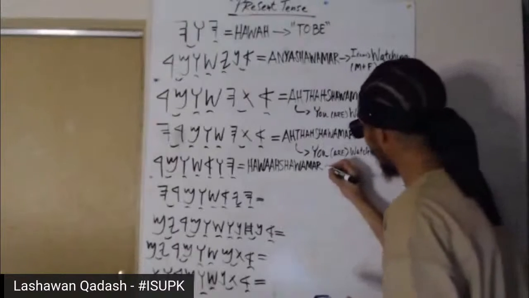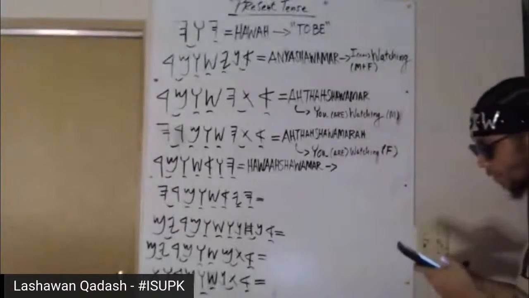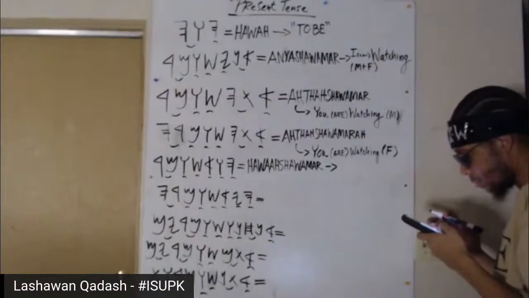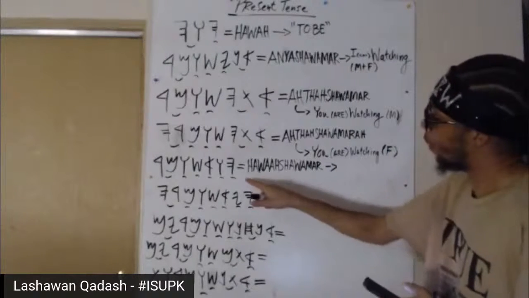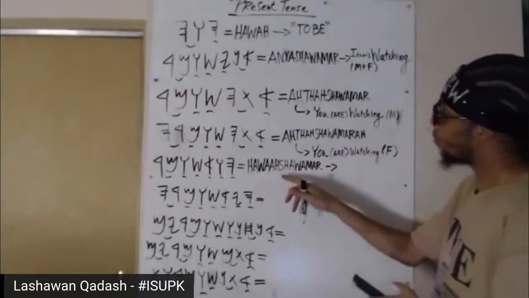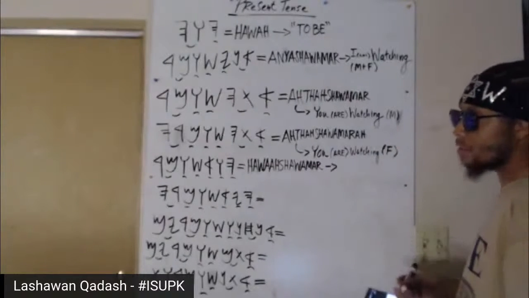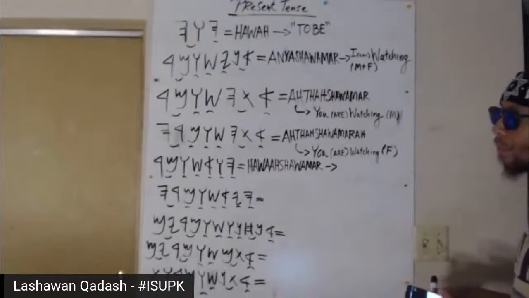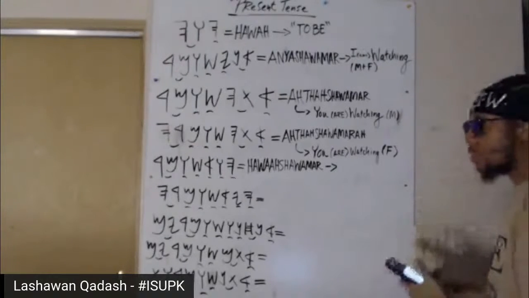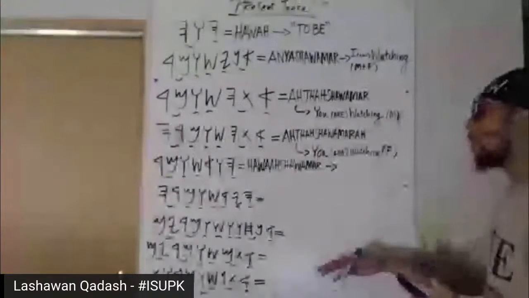What does that mean? Let's find out. Once again, we know that Hawa'a means he. So Shawamar is more of an action, right? Shawamar is watching. Shamar is watch, right?